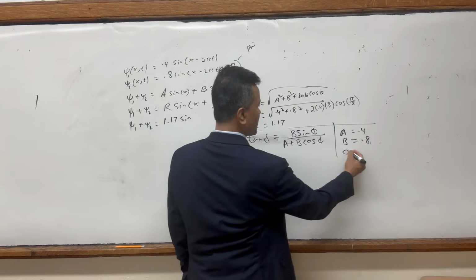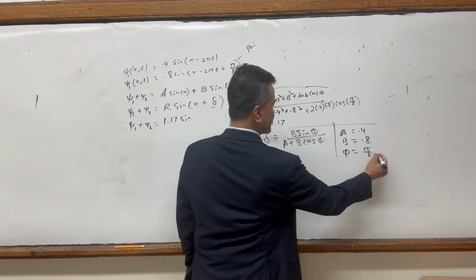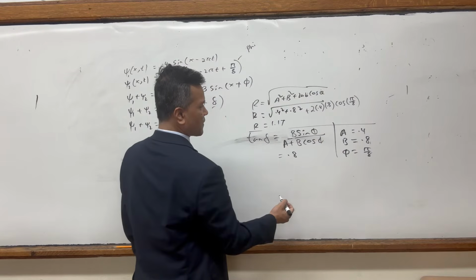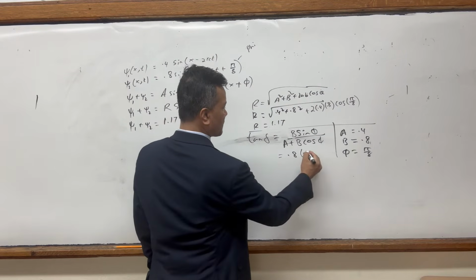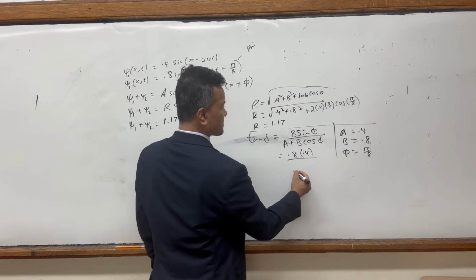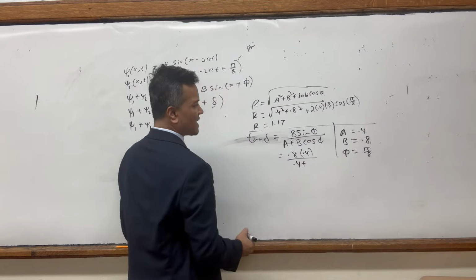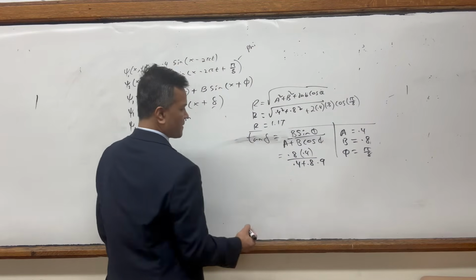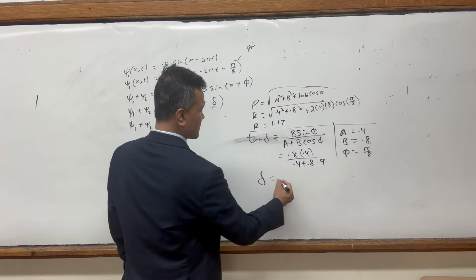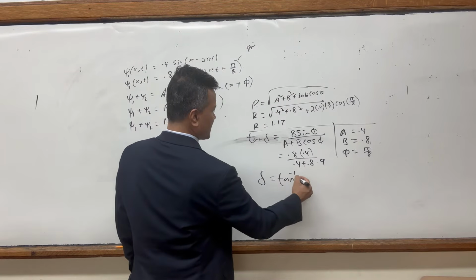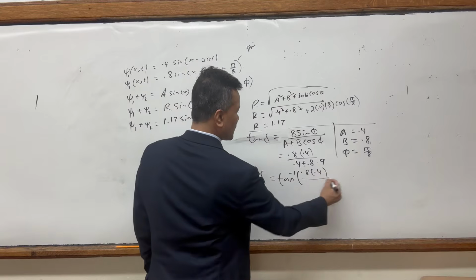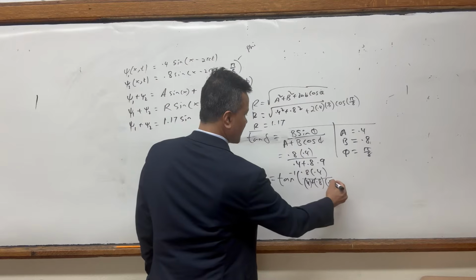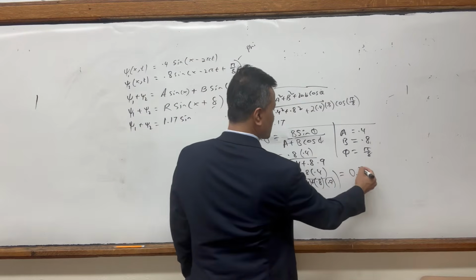What is our phi? It's pi over 8, right? So I have B, 0.8, times sine pi over 8, which is 0.4, over A, 0.4, plus B, 0.8, times cosine pi over 8, which is 0.9. All right, so delta is equal to inverse tangent of that, and that is 0.26.